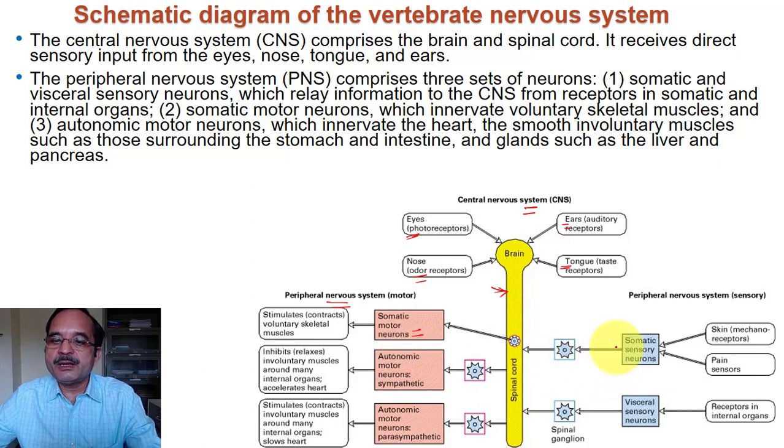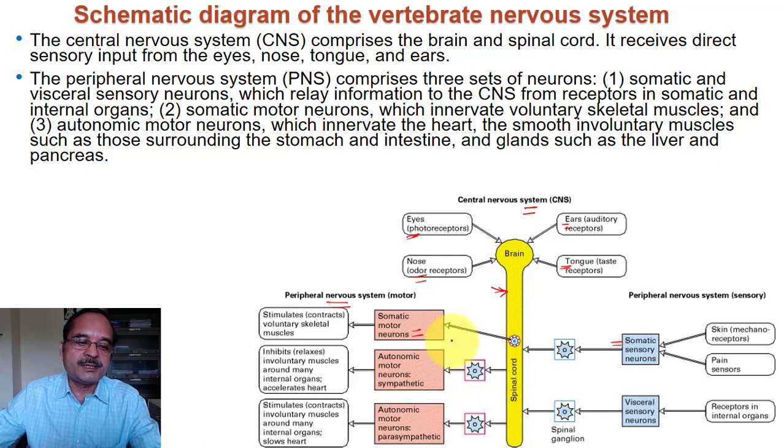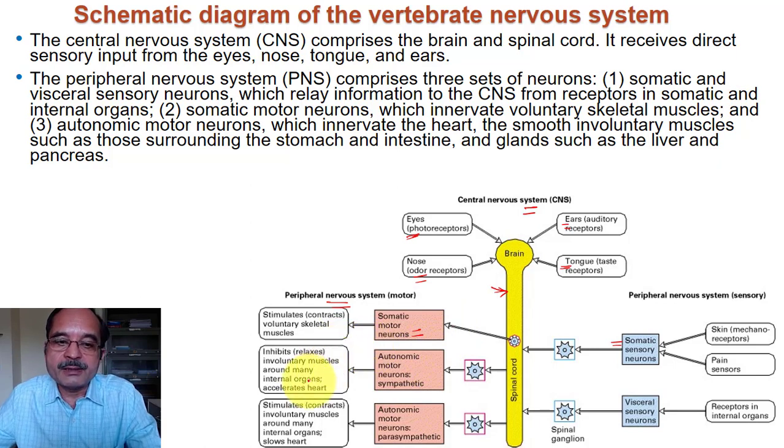These are somatic sensory neurons this side, and the motor neurons on the left side. The motor neurons innervate the heart, the smooth involuntary muscles such as those surrounding the stomach and intestine, and glands such as liver and pancreas.